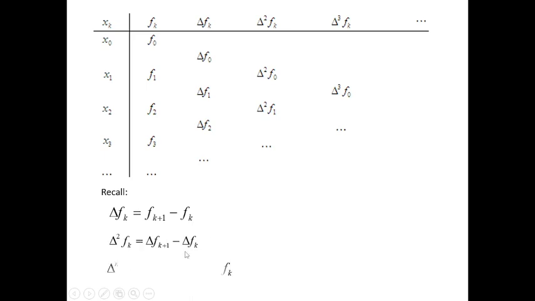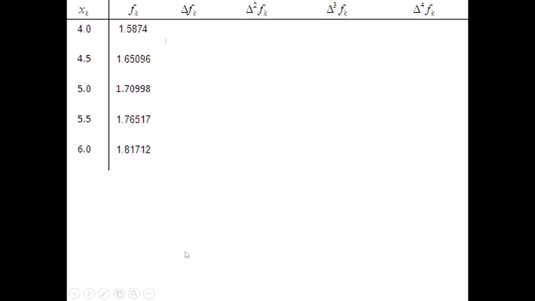So, na-discuss ko na yan. Okay, so apply lang natin. So, how did we arrive with this value? 1.65096 minus 1.5874. Okay? Ito naman, paano na tayo nag-arrive dito? So, that is, ano to?